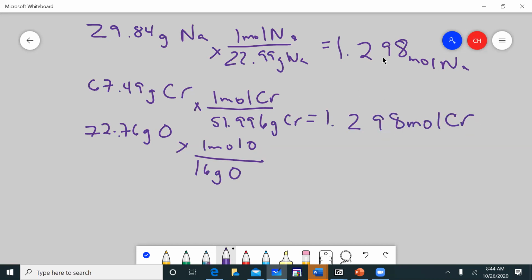Ooh, I like that. I like how they're the same number, same ratio. 72.76 divided by 16 gives us an outlier, 4.548 moles of oxygen.